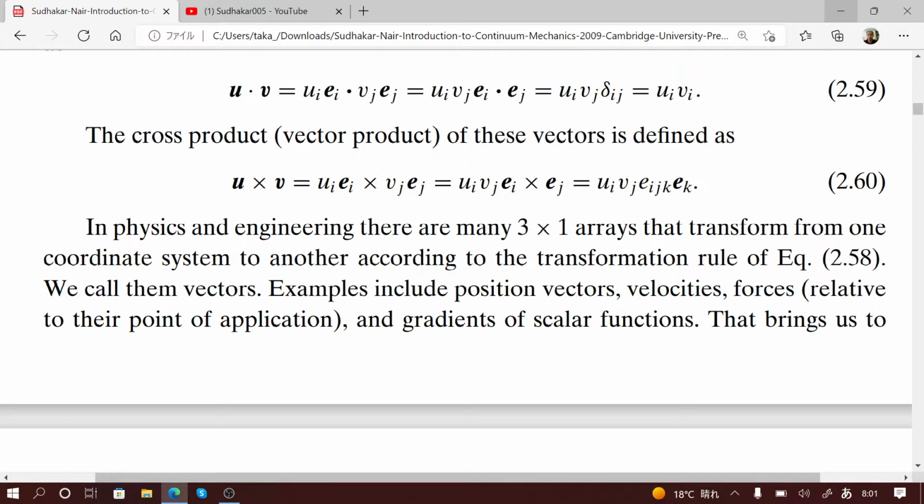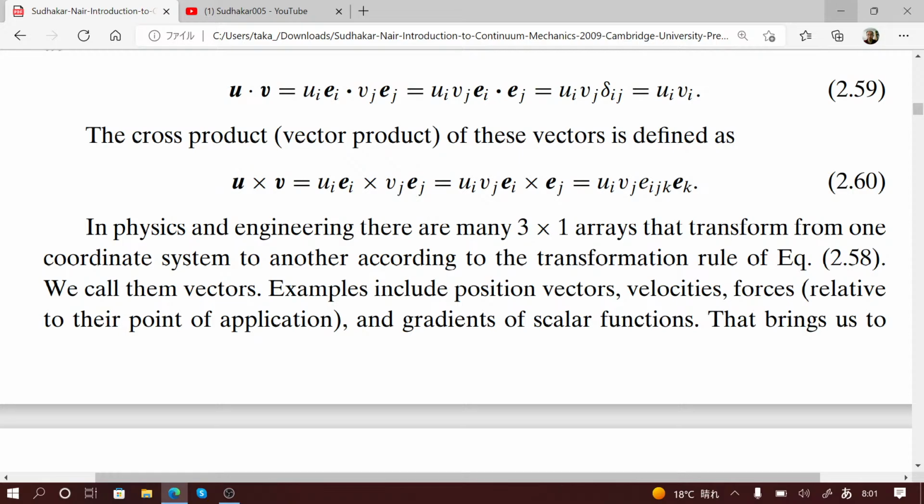We call them vectors. Examples include position vectors, velocities, forces relative to their point of application, and gradients of scalar functions.